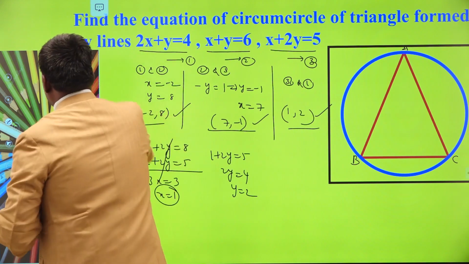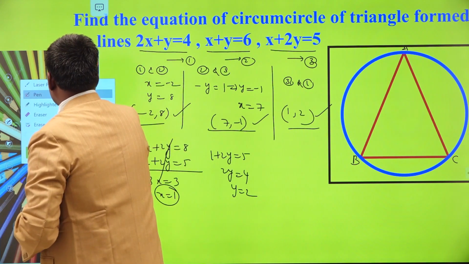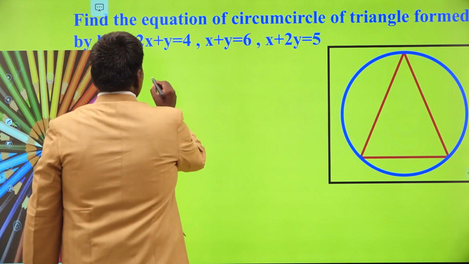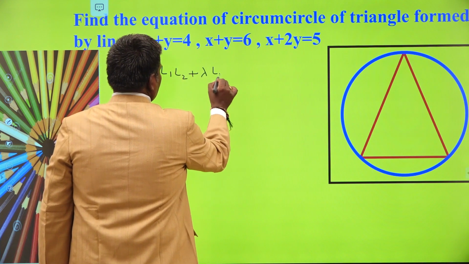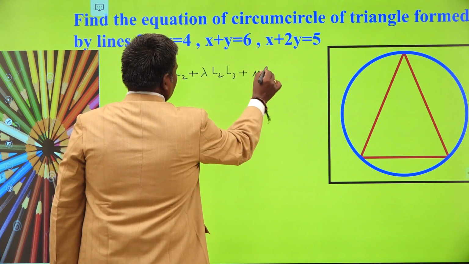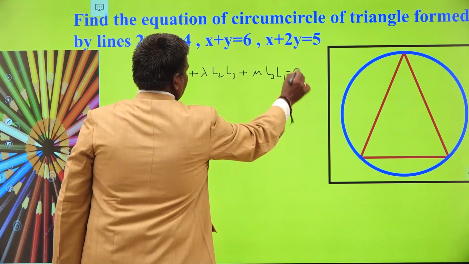You can do the alternative method also. For this, what you have to prepare? You have to prepare L1 L2 plus lambda L2 L3 plus mu L3 L1 equal to 0.